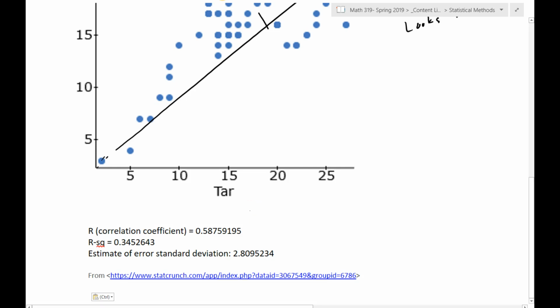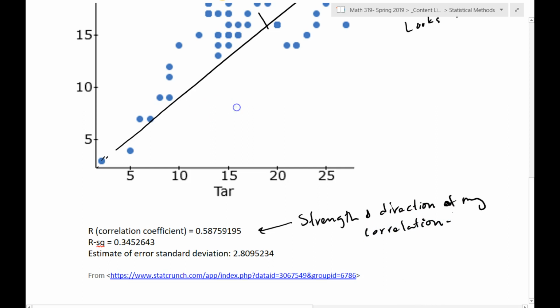The correlation coefficient tells me the strength and direction of my correlation. What I noticed there is that I got a correlation coefficient of 0.587, okay?